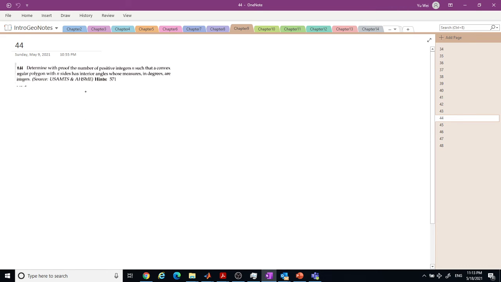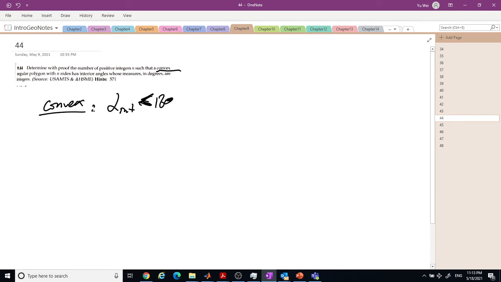So we want to determine, with proof, the number of positive integers n such that a convex n-gon has interior angles whose measures in degrees are integers. Convex means all the interior angles should be less than 180 degrees.